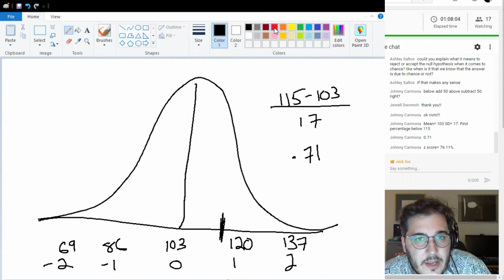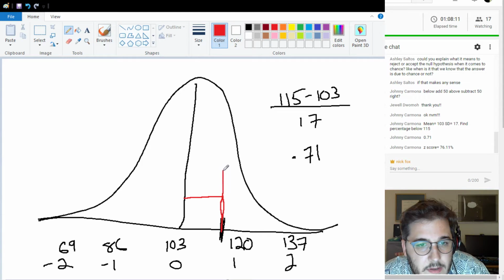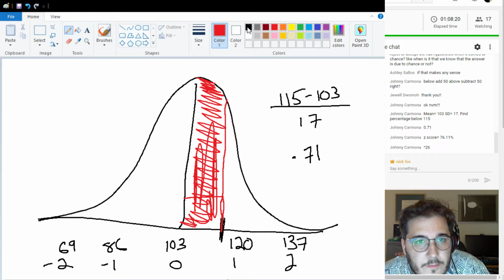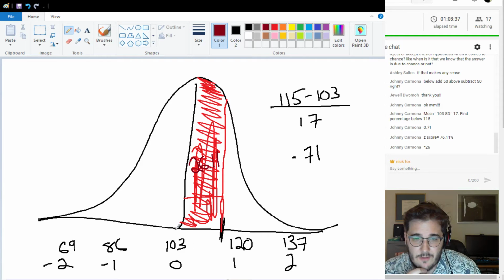So what that's telling you is this area from the mean to that z is 26.11.